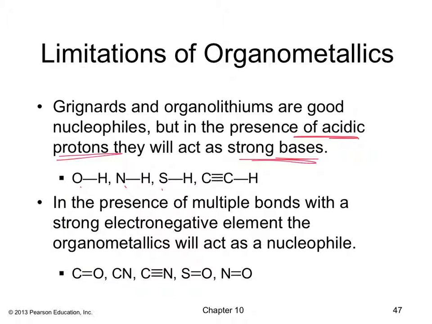In the presence of multiple bonds with a strongly electronegative element, the organometallics will act as a nucleophile. So things with carbonyl, cyano, this triple bond, S double bond O, N double bond O are examples.